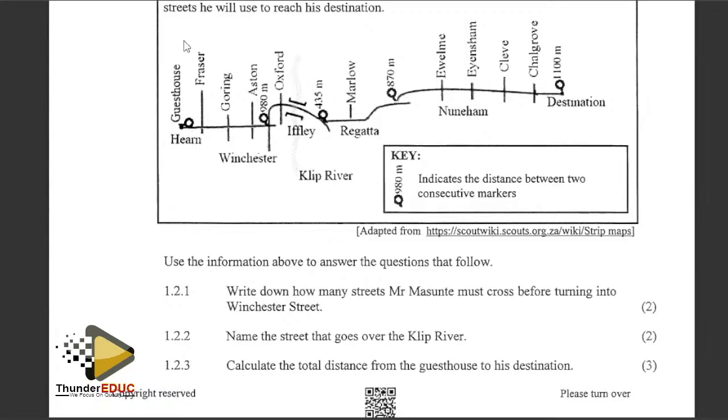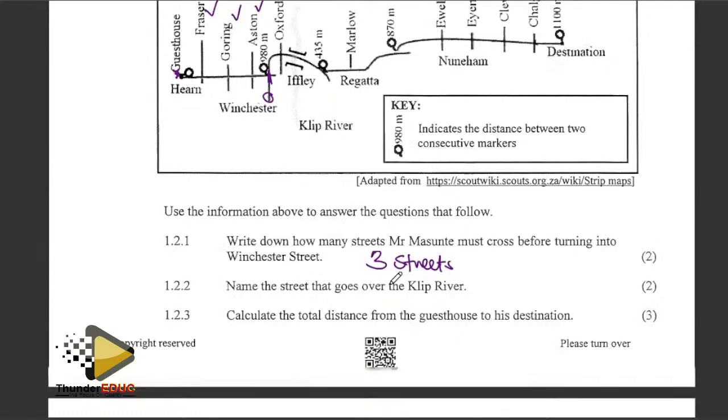So what we're going to do, we shall identify them. Now, this is where Winchester is, this street here. So it's from the guest house. How many streets is he going to pass? We pass 1, 2, 3. So there we shall write. They said how many, so we only need to write the number. They didn't tell us to list.